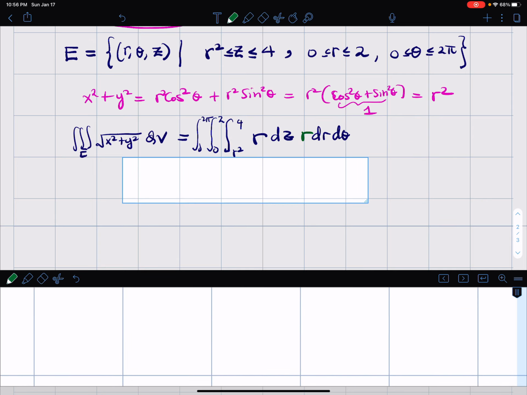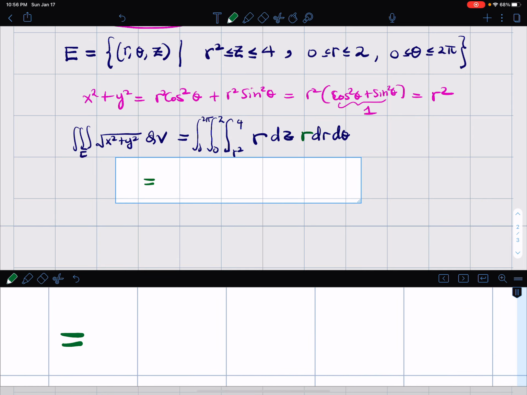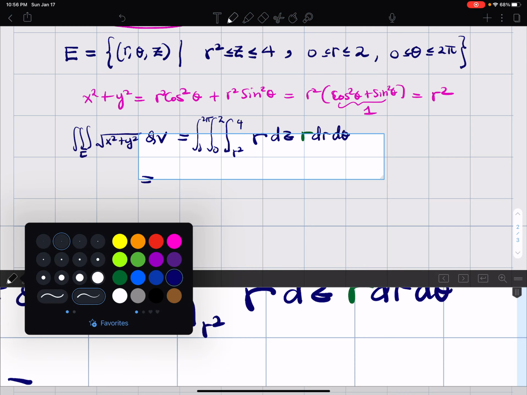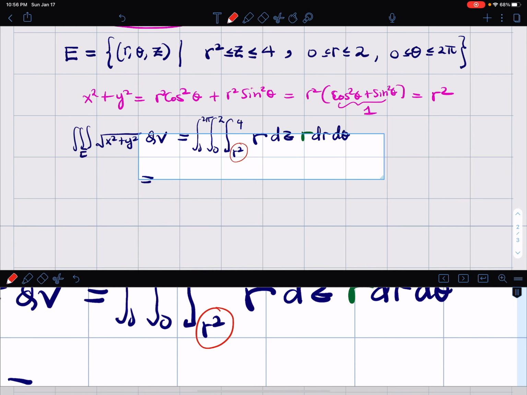So we can't break this up into a product of single integrals, because this r doesn't allow us to.